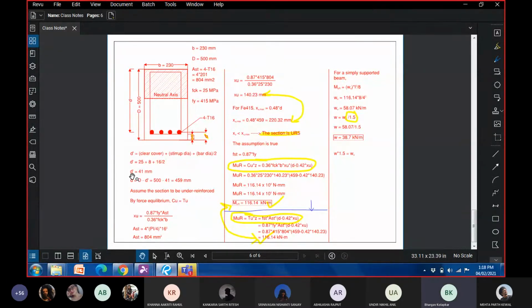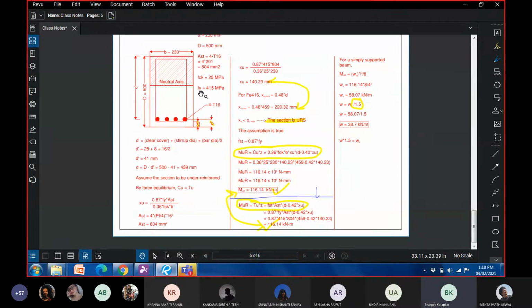Calculate moment of resistance of the beam.